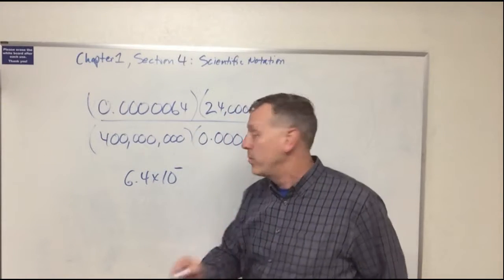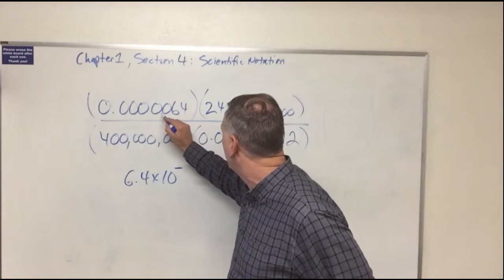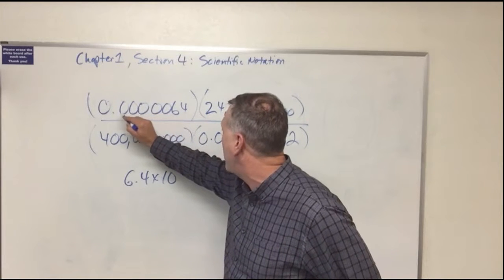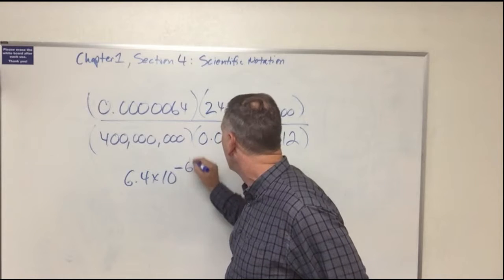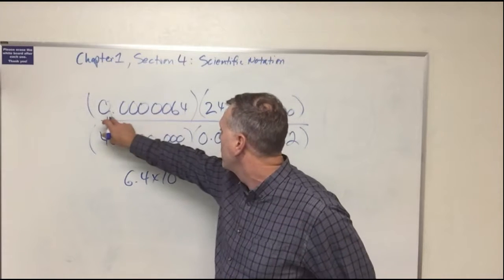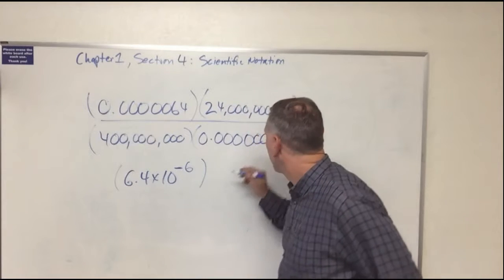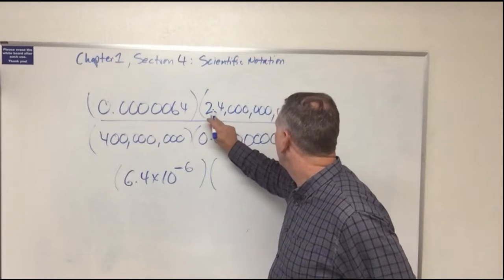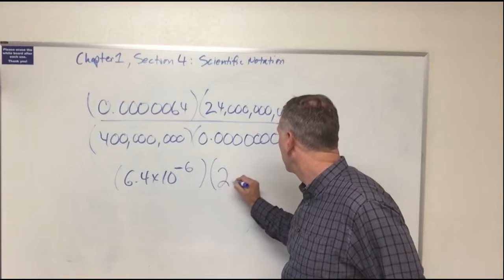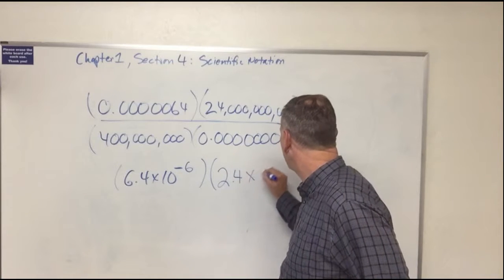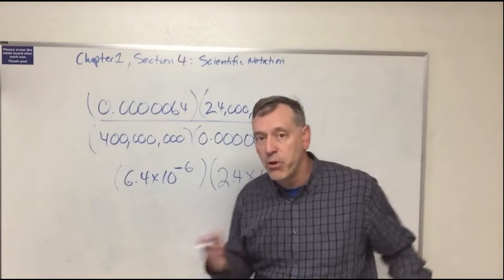And now we're going to count between the 6 and the 4. 1, 2, 3, 4, 5, 6. 6 times from the 6.4 till we get there. And this one, we're going to write it as 2.4 times 10. Okay, first step.